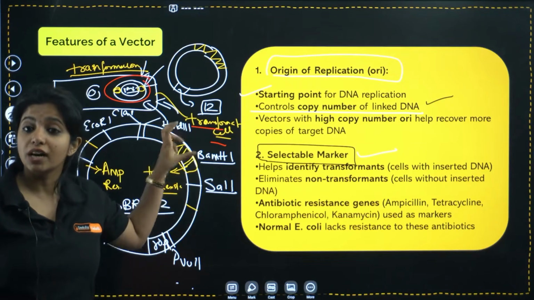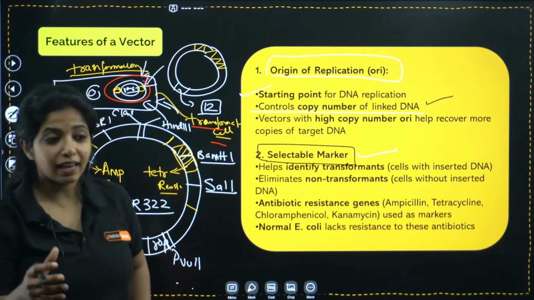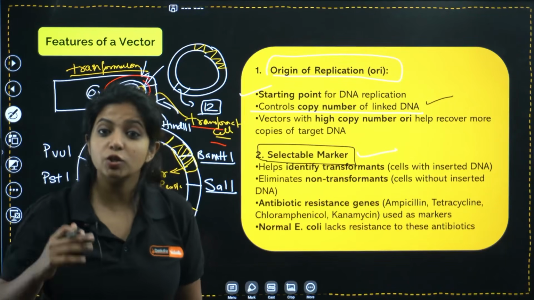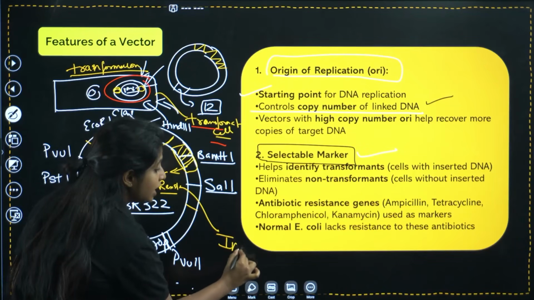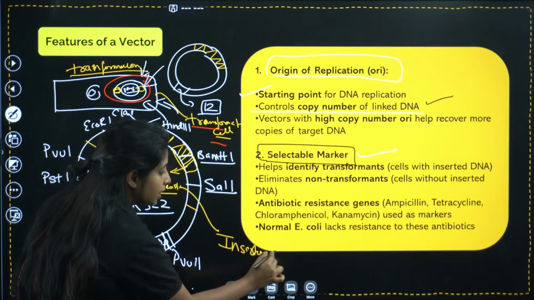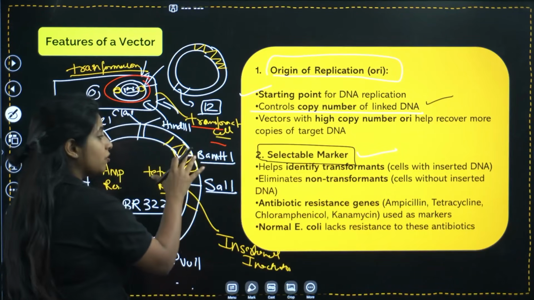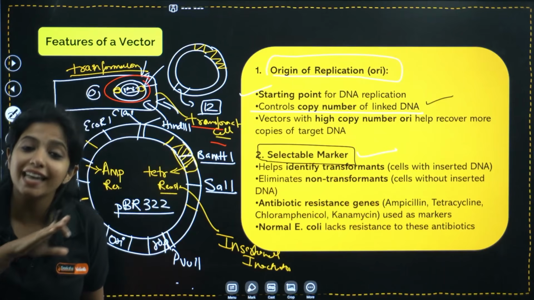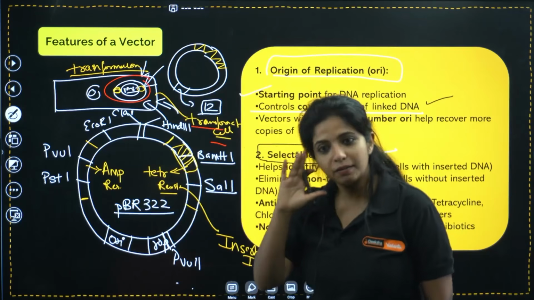Because you have put a new gene over here. It is not going to be tetracycline resistant anymore, which is why it can lead to insertional inactivation. When I insert a gene of interest, the older one which is there gets inactivated. So my dear children, remember that also.